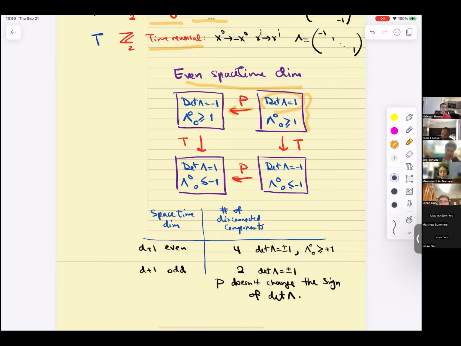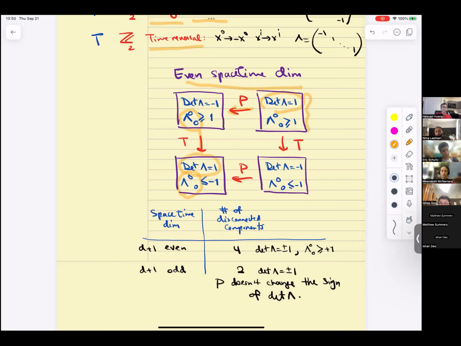You apply a parity, your lambda^0_0 hasn't changed, but your determinant changes. Once you apply parity, you go to another piece of the Lorentz group that you couldn't reach continuously, because no continuous transformation can change the determinant from 1 to -1. So these are disconnected. You apply a time reversal transformation that brings the determinant of lambda back to 1, but it takes lambda^0_0 to less than or equal to -1.